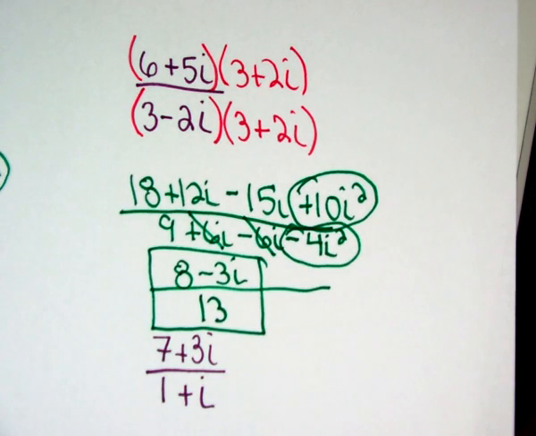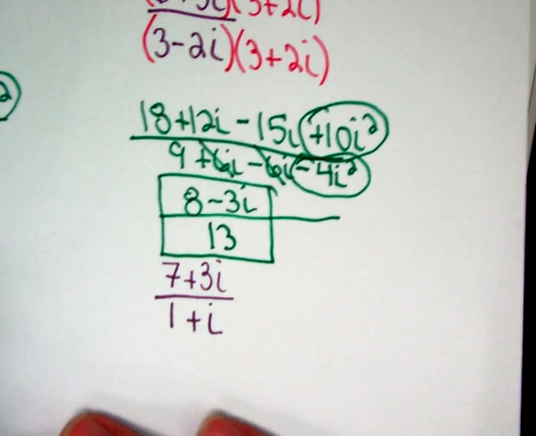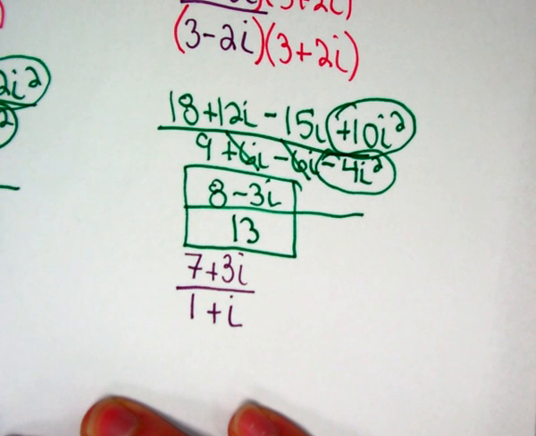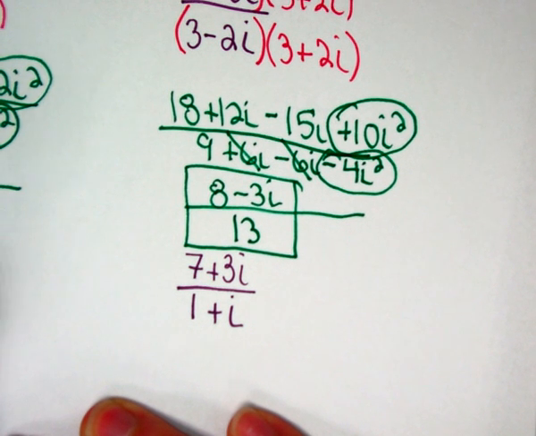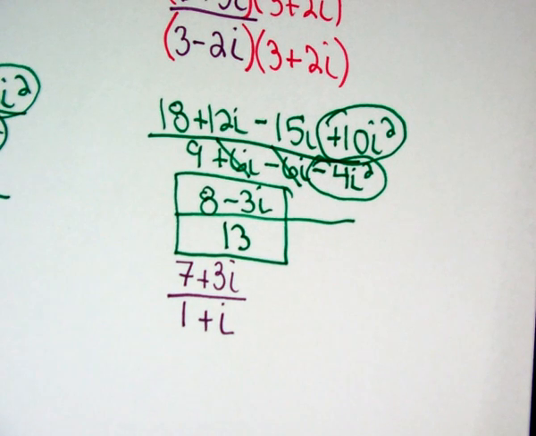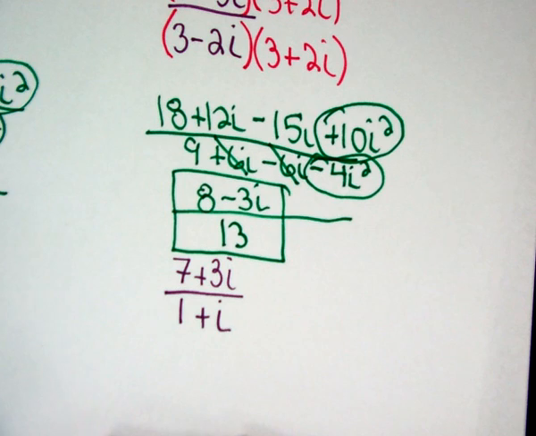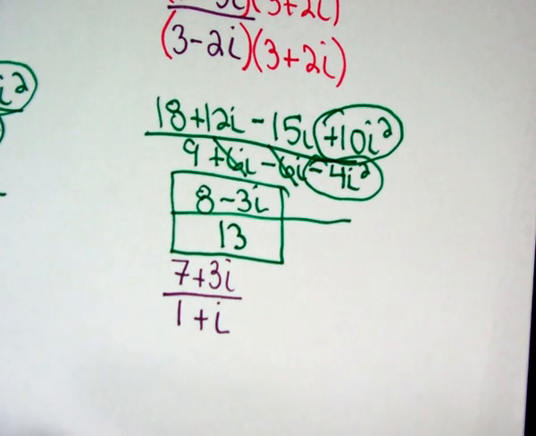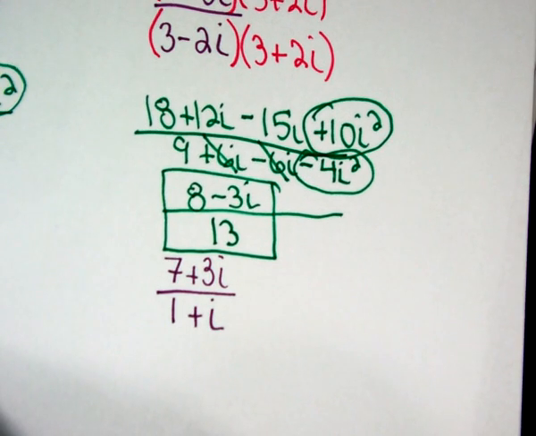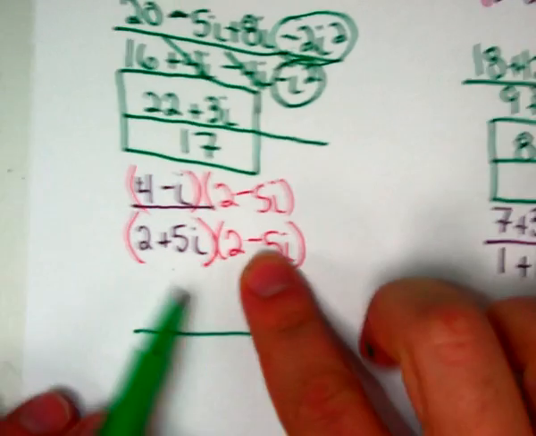And then 2 more examples. 2 plus 5i, its conjugate would be 2 minus 5i. And do the same to the top. All right. Multiply this out. I'm going to skip some steps now because hopefully you've seen the pattern that if we take the first 2 terms here, oh my gosh, you can't even see it, sorry.